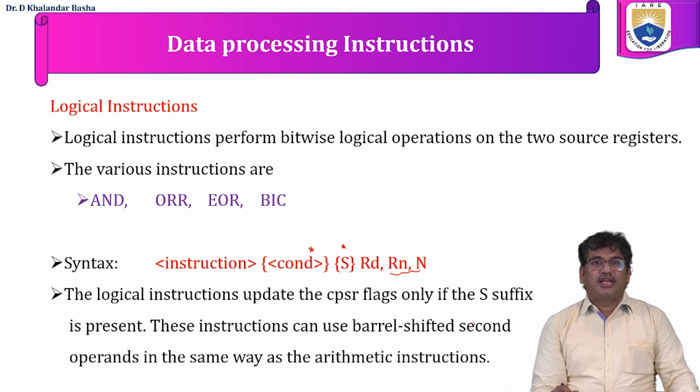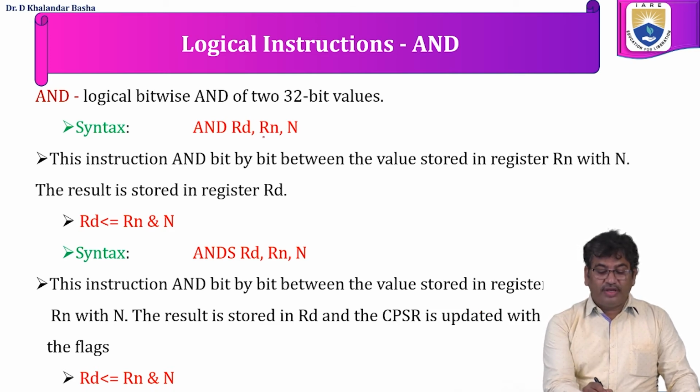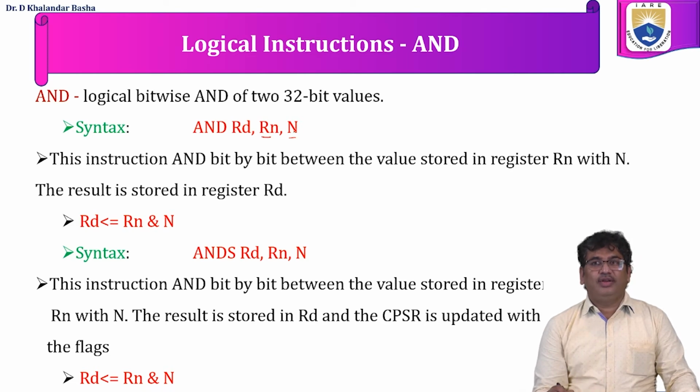These instructions can use barrel shifter for providing the second operand in the same way as that of the arithmetic instructions. The first instruction under logical instructions is AND, logical bitwise AND of 2 32-bit values. The syntax of the instruction is AND Rd, Rn, N. This instruction will perform bit by bit AND operation between Rn register and N value.